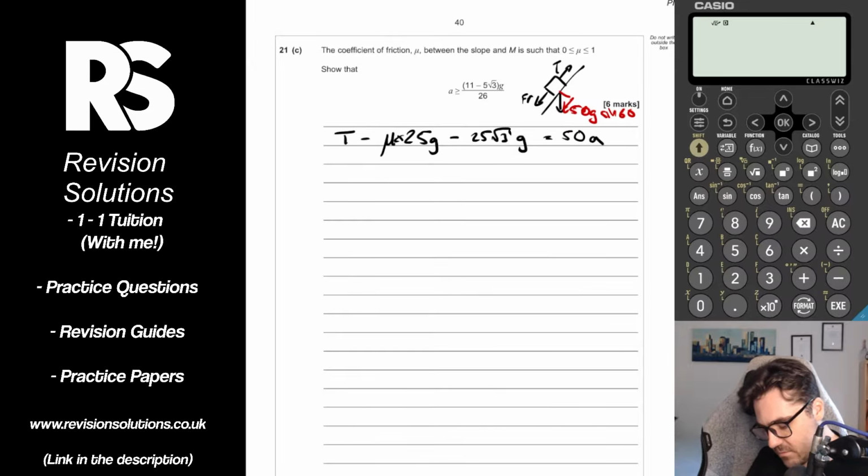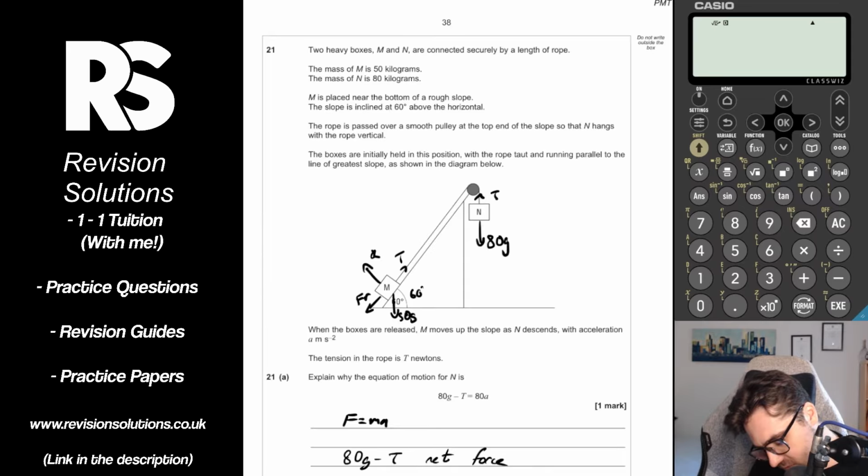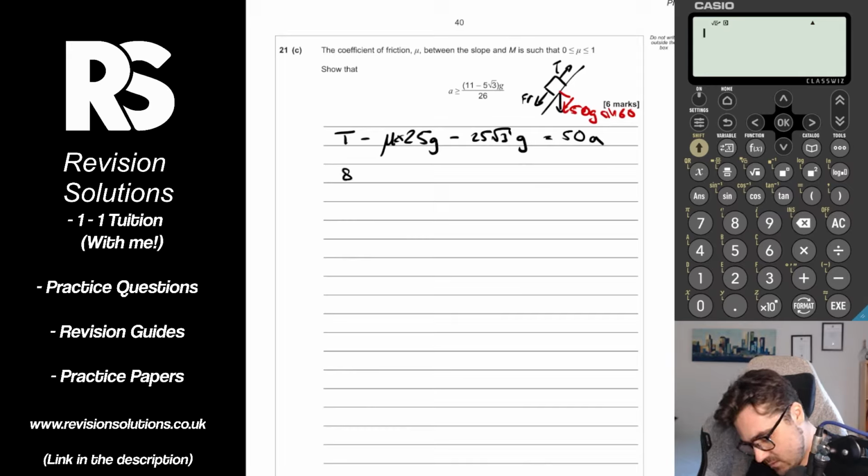And we also had from before that 80g minus T equals 80a. So let's write that down as well. And we want to talk about just the acceleration, really. So let's add these equations so we can purely talk about acceleration. The tensions cancel, that's why we're adding.